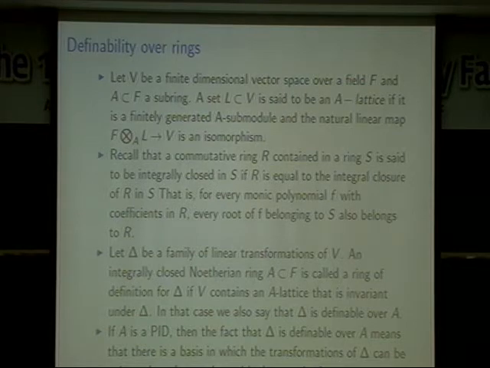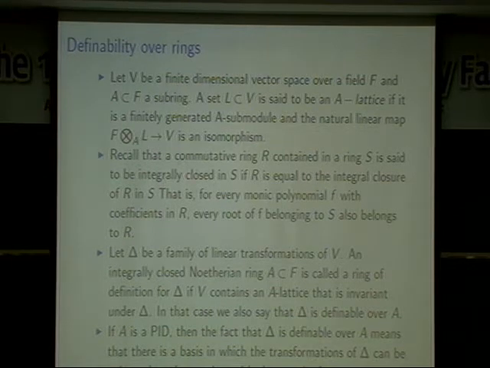And recall that a commutative ring R contained in a ring S is said to be integrally closed in S if R is equal to the integral closure of R in S. That is, every root in S of a monic polynomial with coefficients in R also belongs to R.